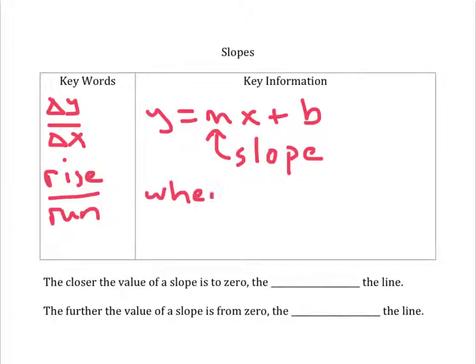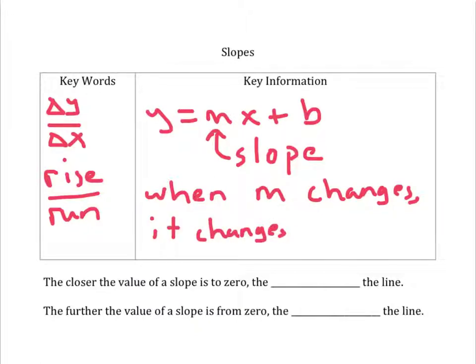So when m changes, it changes the steepness of the line. And the closer the value of the slope is to 0, the less steep the line, or the more horizontal. So that's kind of the same thing.